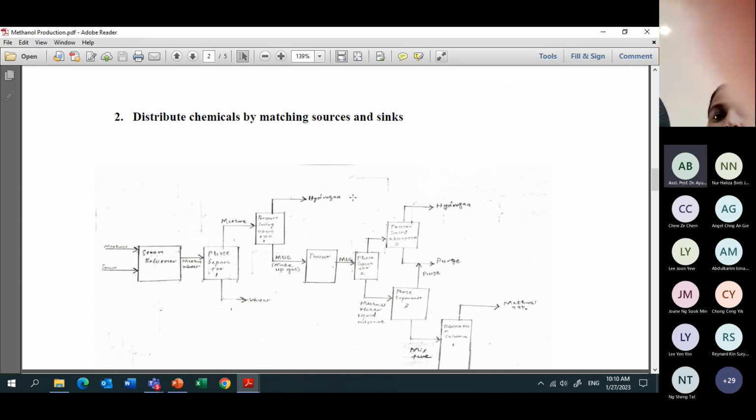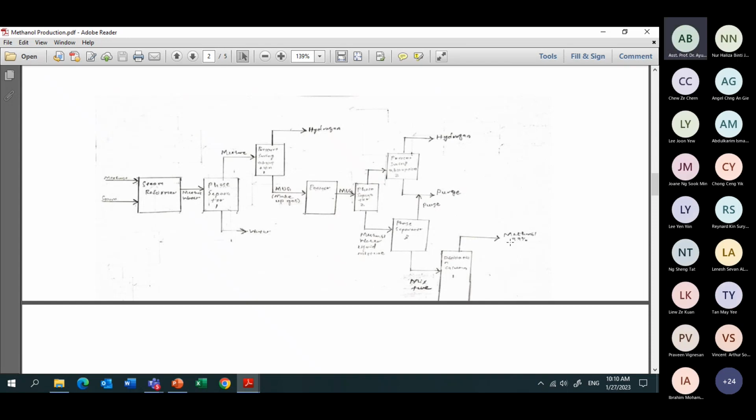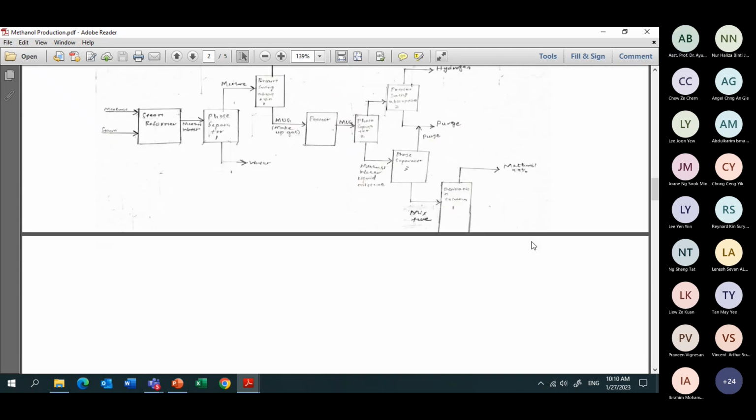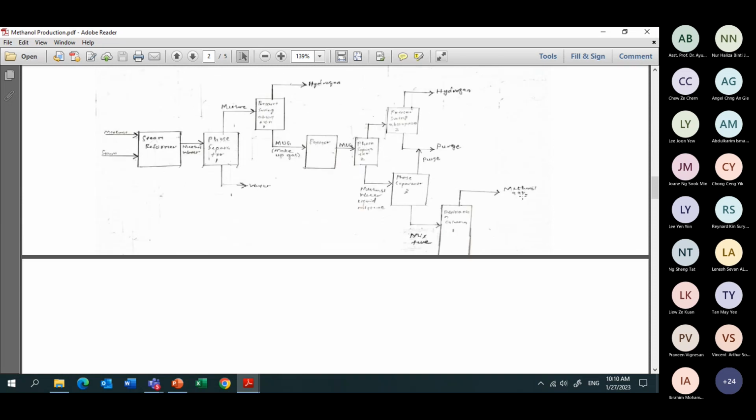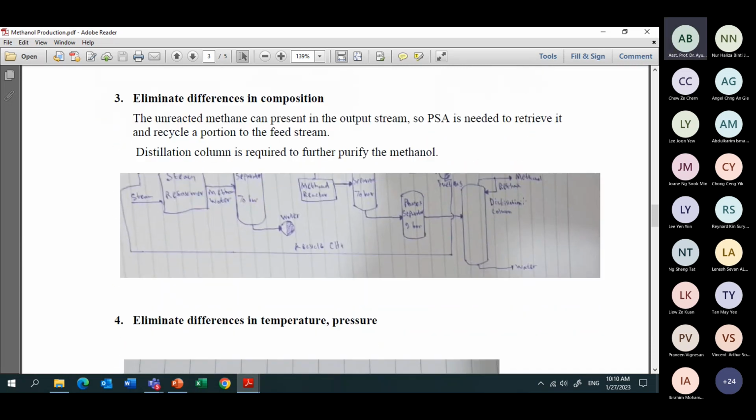Next, to distribute the chemicals, identify your input and your output. Methane, steam, methanol. Okay. Eliminate differences in composition. So methanol and water, distillation column.